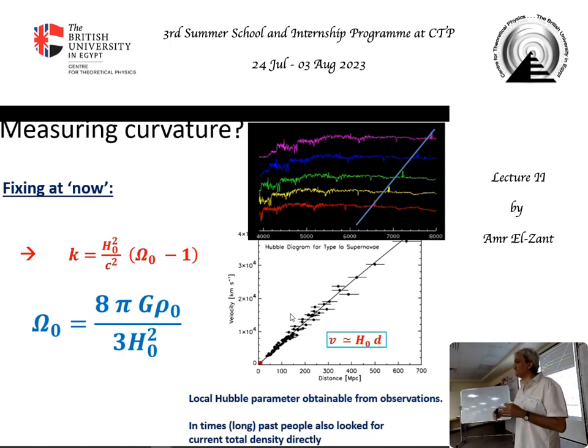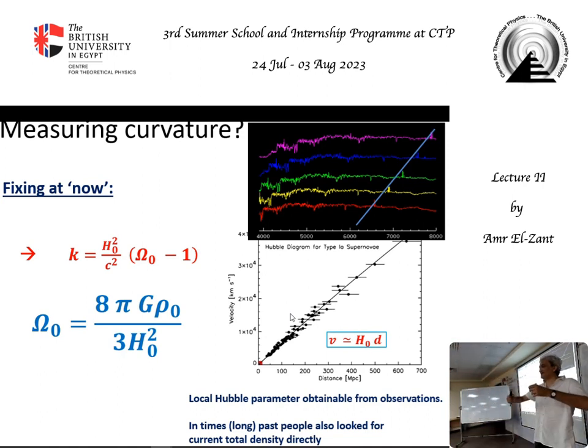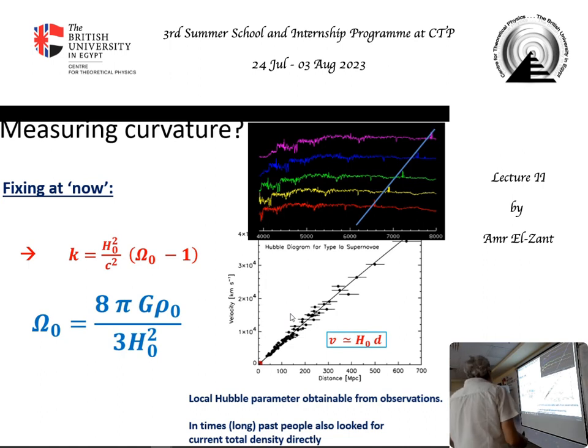And the people doing inflation, which Alexei will talk about, wanted omega naught to be one, because if you inflated the universe really hard, you expanded it into flat space. But they measured omega naught to be 0.3, meaning we are in a hyperbolic universe.